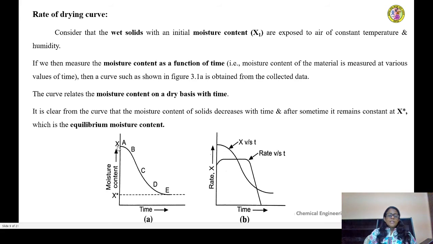This is your initial moisture content. The moisture content decreases with time and finally becomes constant, and that constant value is the equilibrium moisture content X star.